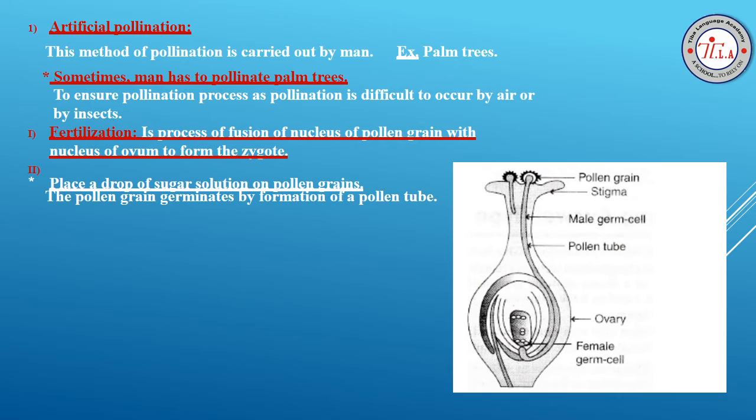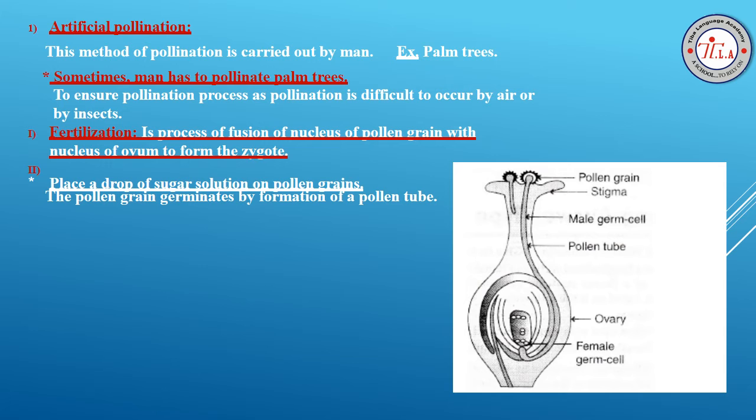Zygote means the small plant. If we place a sugar solution on pollen grains, we will notice that the pollen grain will produce a tube that travels to reach the micropyle. The micropyle is the part in the ovary that transfers the male gamete nucleus to the female gamete nucleus.